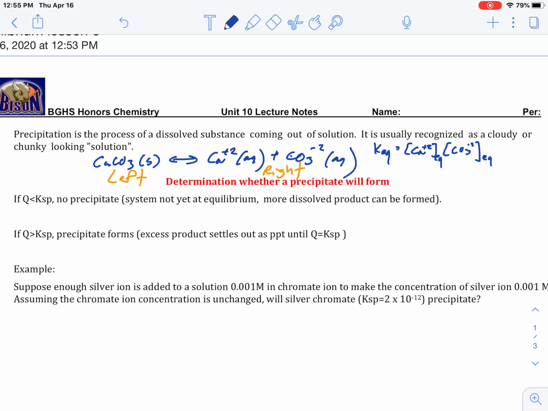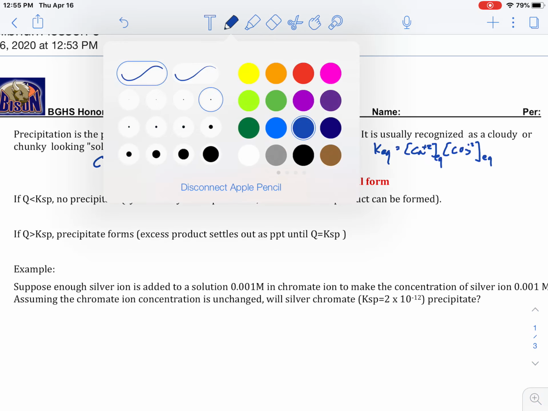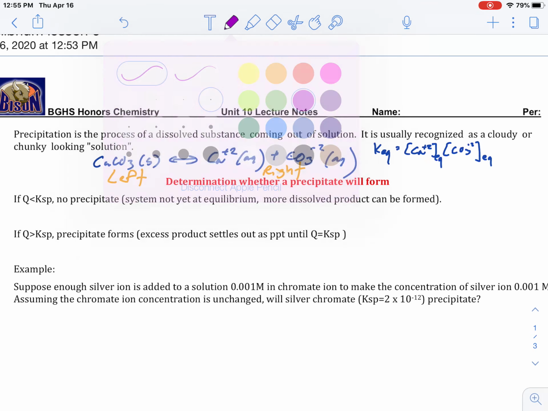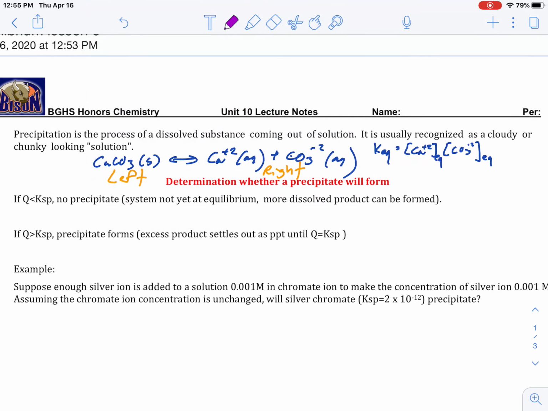Now, that's what the concentrations will be once equilibrium is established. But when you have initial concentrations, what we set up is not KEQ, it is Q. And remember, the difference is that Q uses initial concentrations. So in order to predict whether a reaction is going to precipitate or not, that implies the reaction has not yet gotten to equilibrium. Therefore, these calculations are all Q calculations.